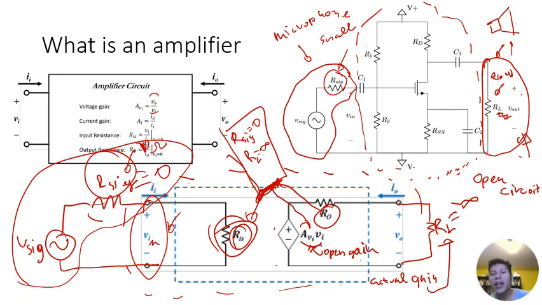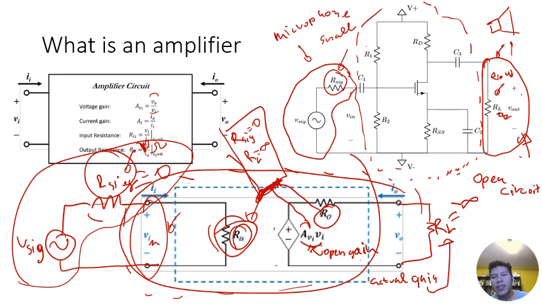So no matter what the problem says, if they tell you RL is 50 ohms, when you're deriving RO, AVI, and RIS, you should always be using 0 for R sig, infinite for RL, and you'll be fine. That's when you're trying to derive the circuit model.